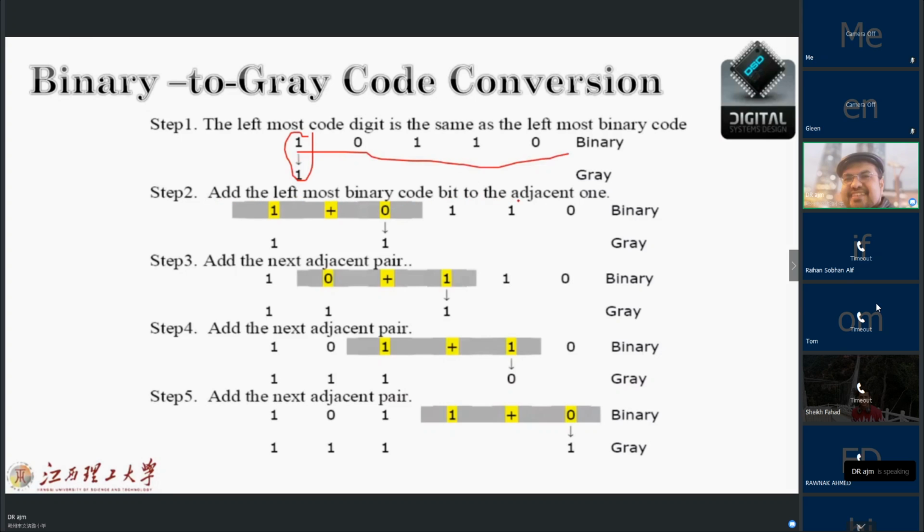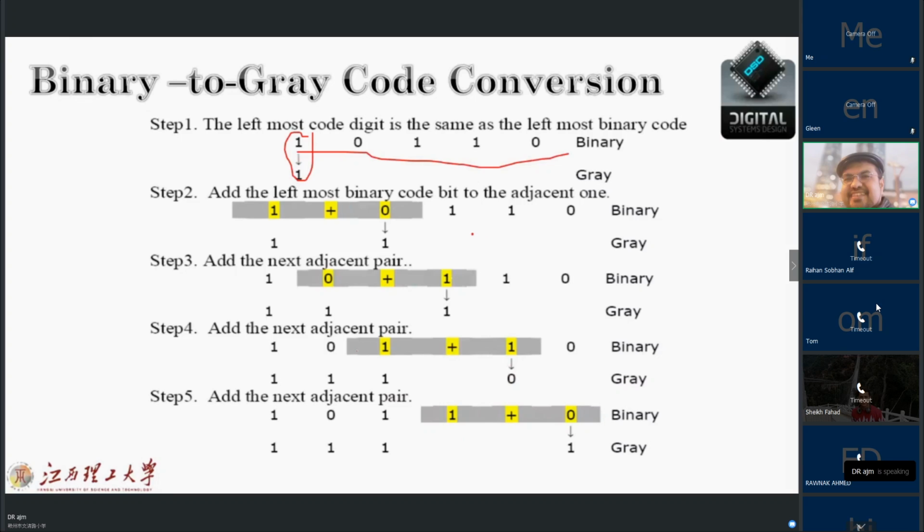I will do 1 plus 1, then it becomes 0, and then 1 will come here. Now I should do the next. This one plus this one, it becomes 1. Then I should do the next, this one plus this one, it becomes this. One bit by one bit I will do the addition.